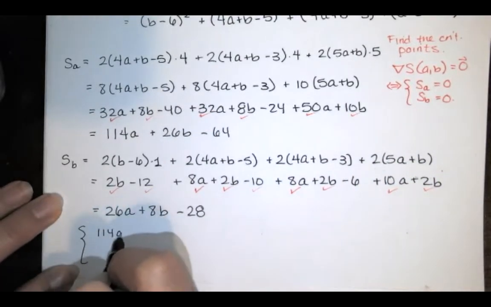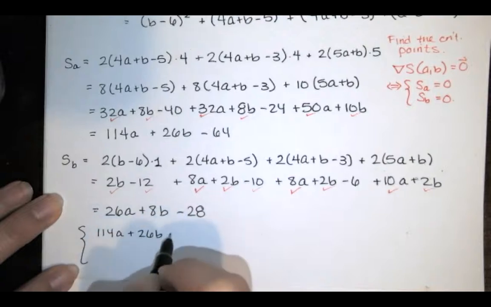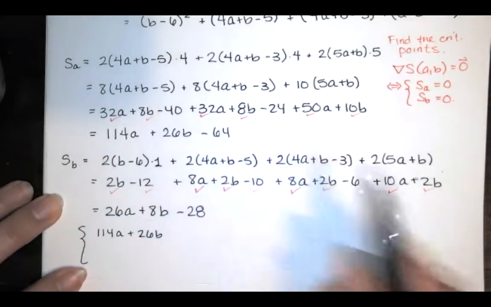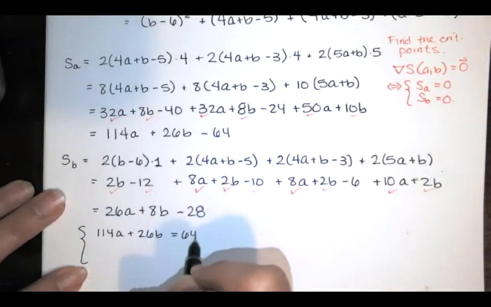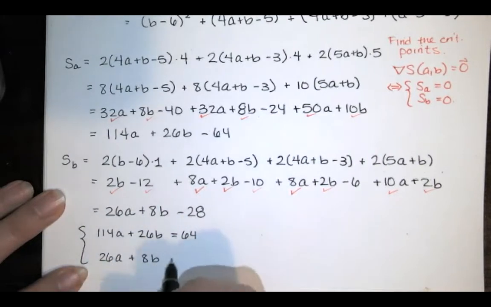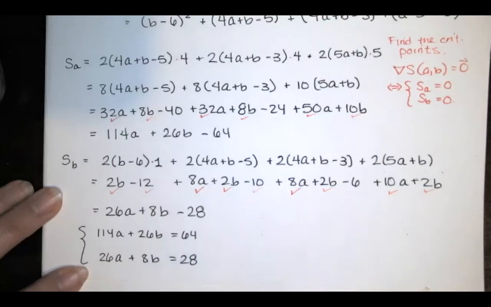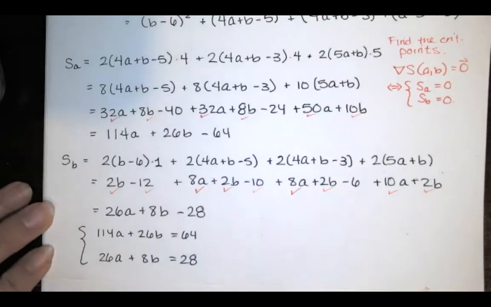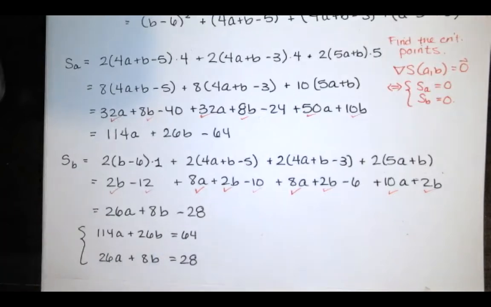So you have 114a plus 26b minus 64 equals 0. If I add 64 to both sides, I'll have that. And then on this one, we've got 26a plus 8b equals 28. If you want, you could maybe divide everything by 2.